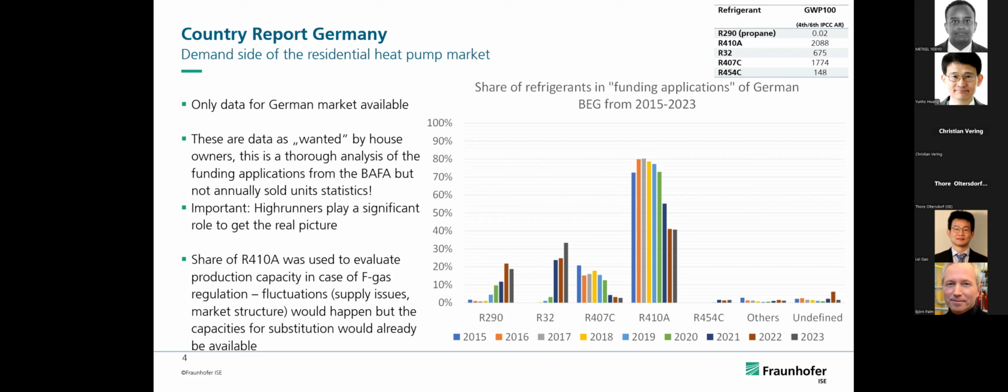As you can see here, the situation looks very different. The dominating refrigerant in this graph is still R410A. R410A has had a large decrease in the last 4 years, since 2020. This decrease was a shift from R410A and from R407C towards R32 and R290.